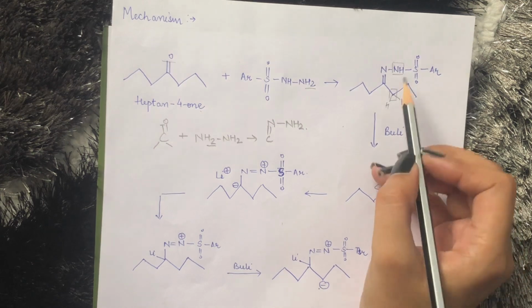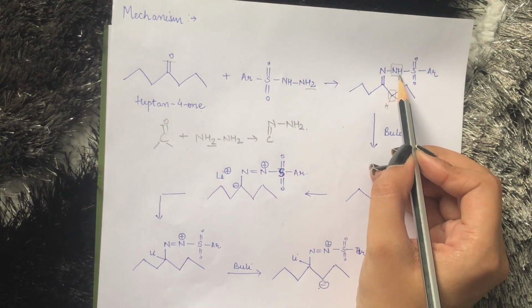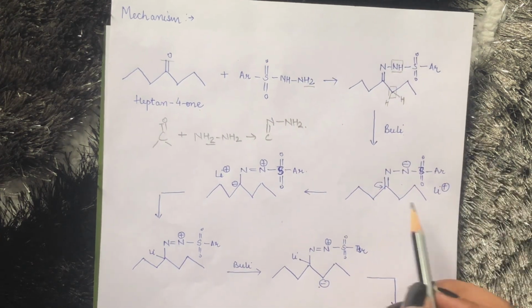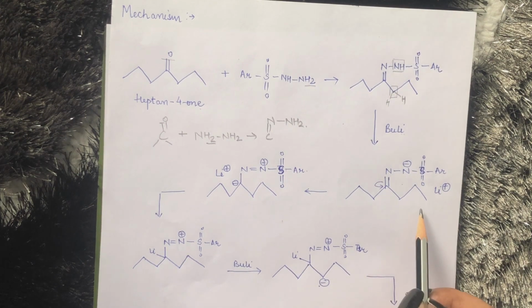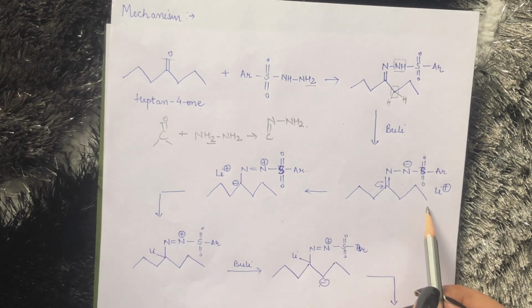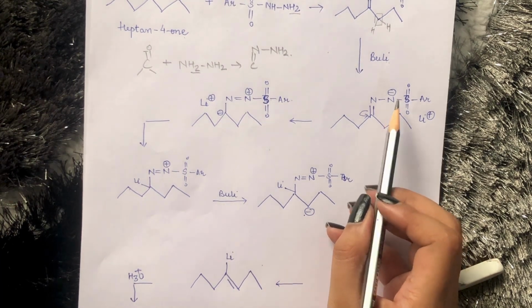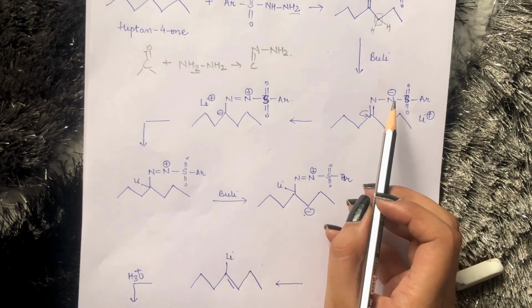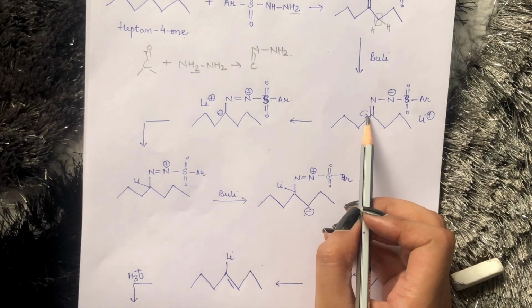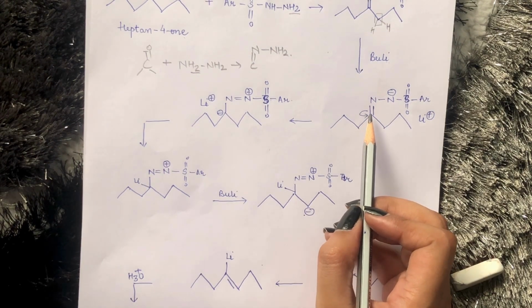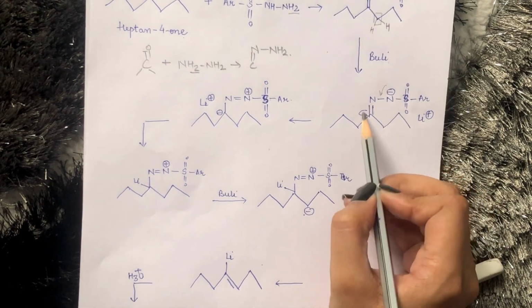Thus hydrogen gets abstracted from the nitrogen atom, resulting in the formation of this. Nitrogen gets the negative charge. The negative charge is in resonance with the double bond, so we can write it like this.